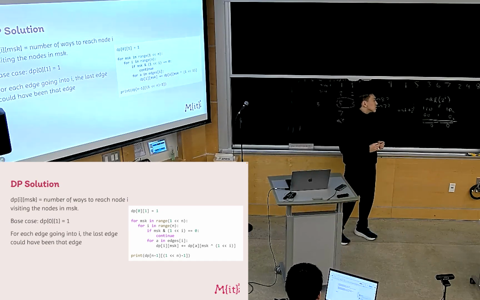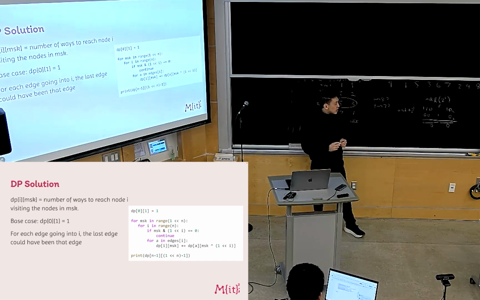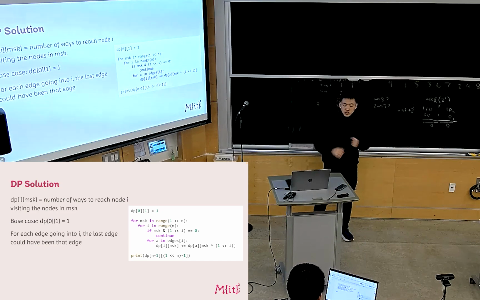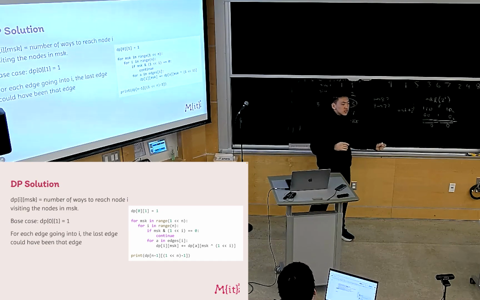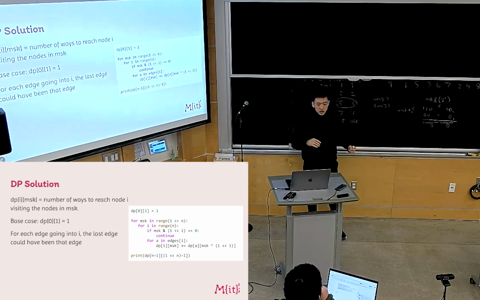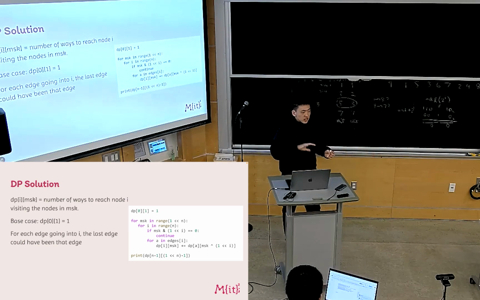Okay, so now to transition, for each edge going into I, the last edge, what we want to do is figure out what the second to last node is. So we can iterate over the bits in our mask that are set, and that node could maybe have been the last edge.